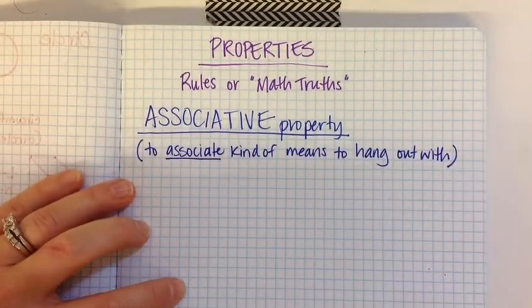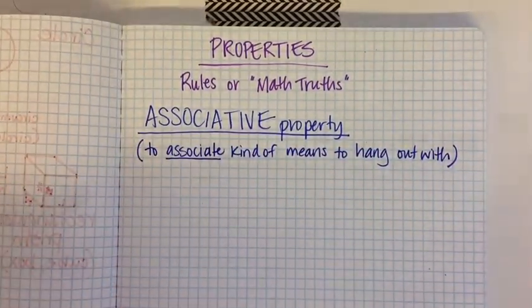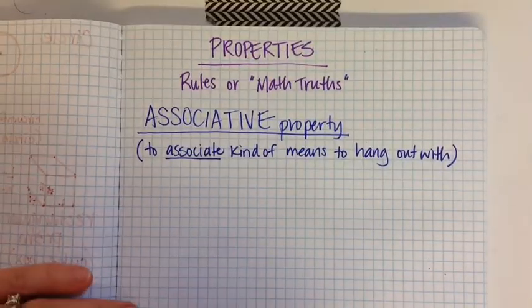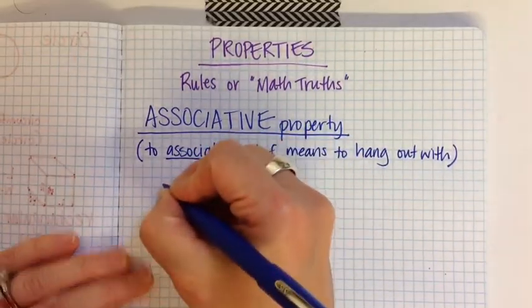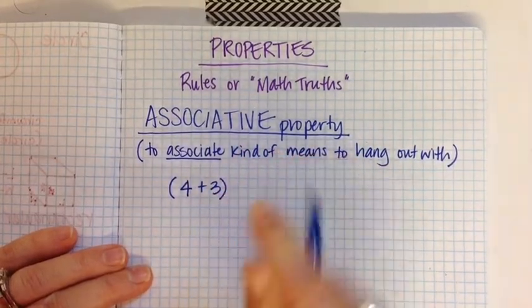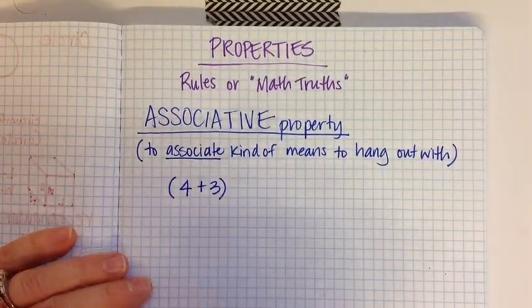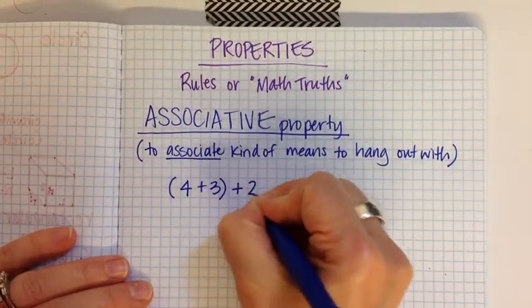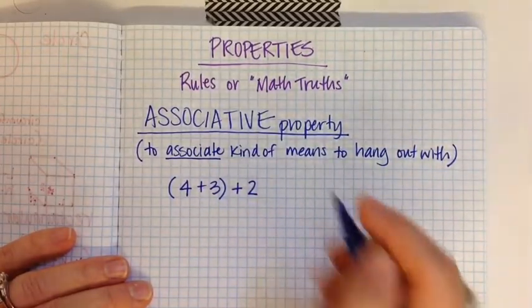So in the associative property, numbers are going to hang out with each other inside parentheses. So I might have something like (4 plus 3) plus 2, and 4 and 3 are friends hanging out in the parentheses, and 2 is not in the parentheses.